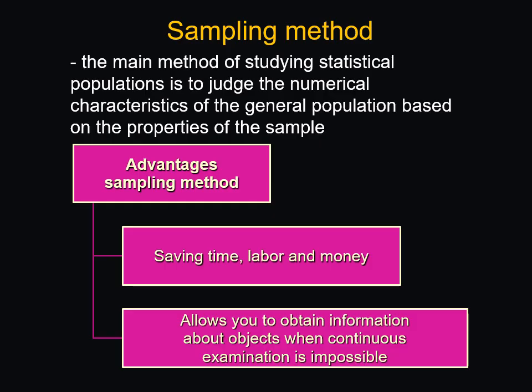In general, in statistics, it is most often resorted to a selective method of studying certain objects. In medicine, in particular, the selective method is the main method of study.